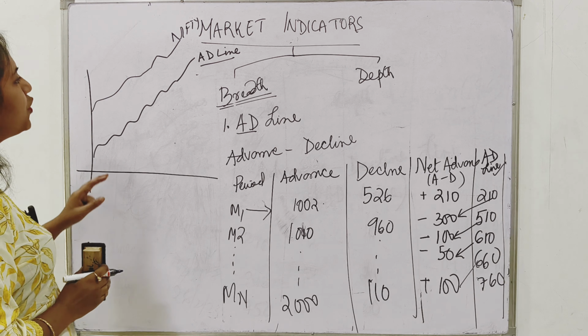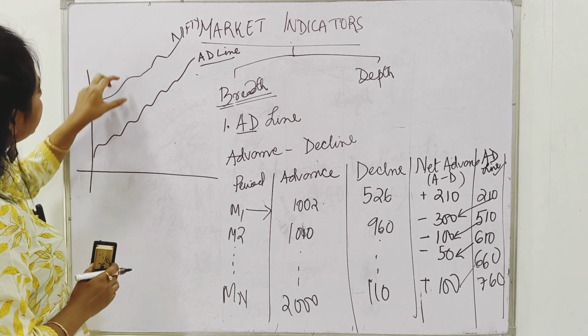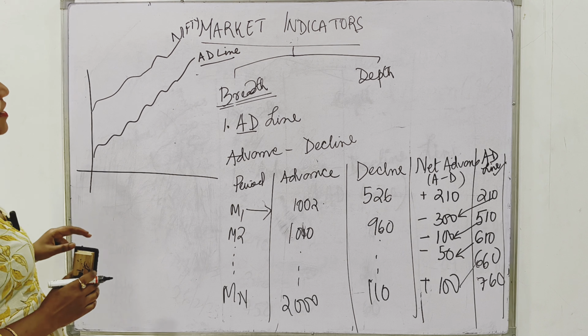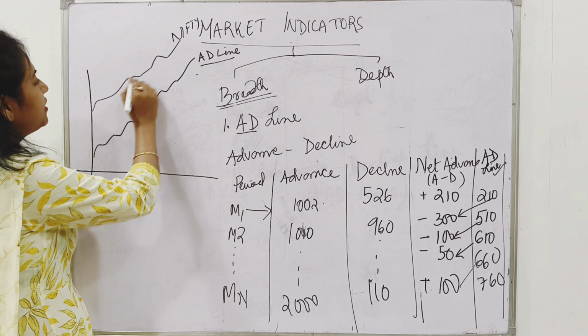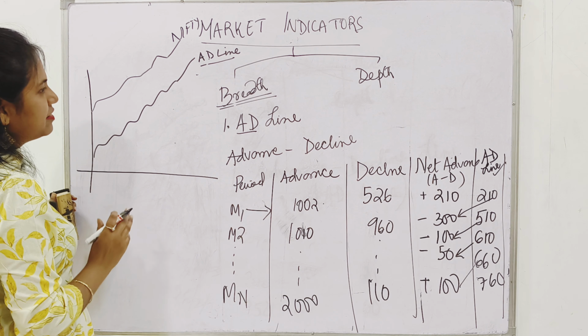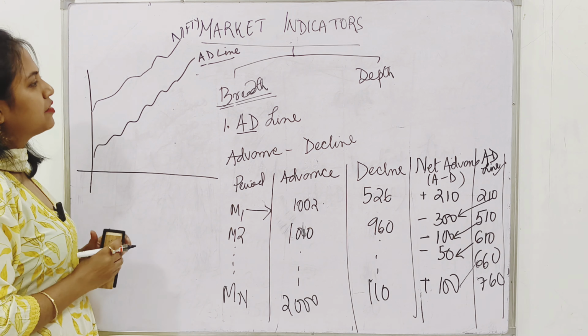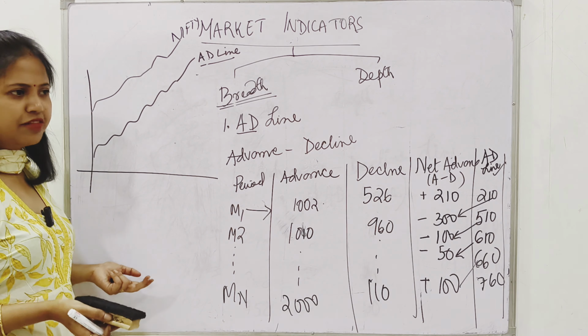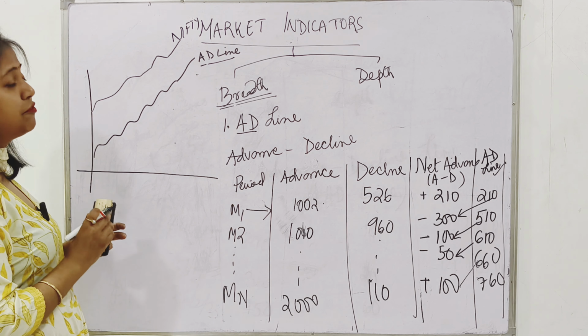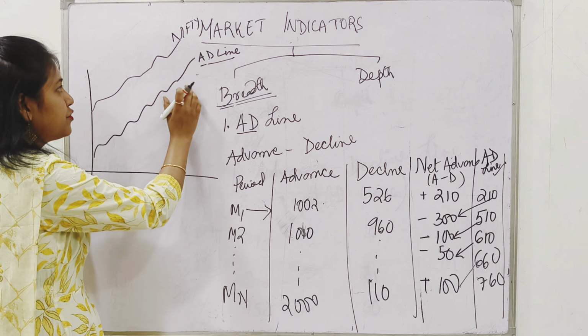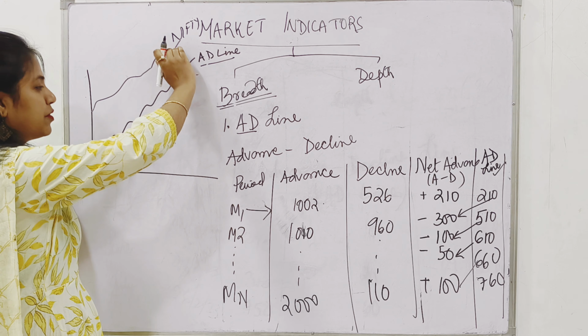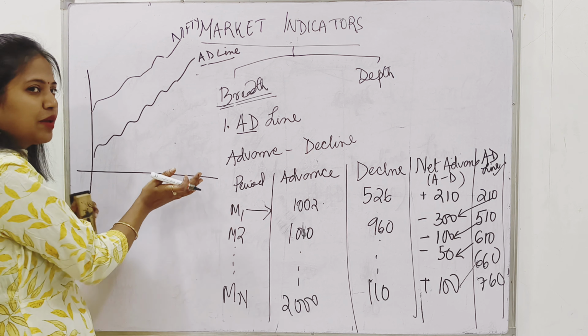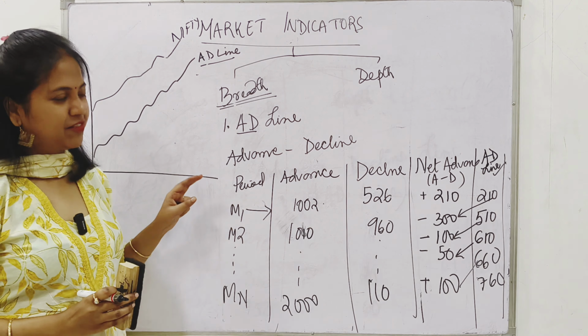You can see whether the Nifty and AD line are reflecting the same thing or not. If so, there is no problem, there is no divergence. But if at some point of time Nifty showed something and the AD line showed something else, then we call it divergence.